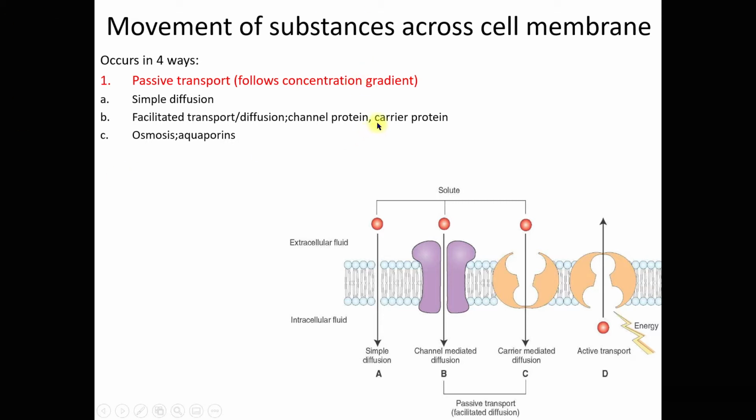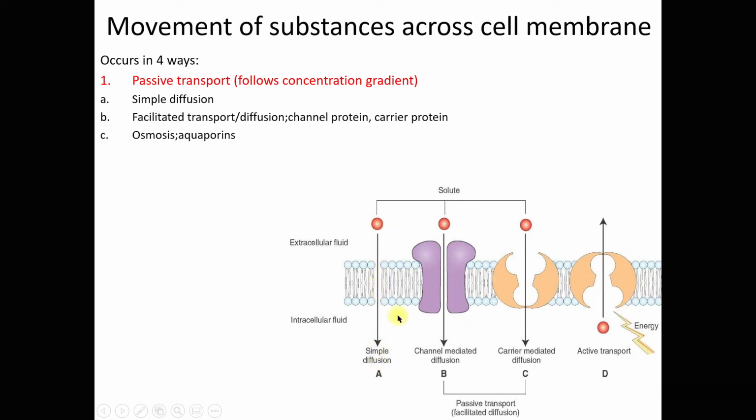Now there are 3 types of passive transport: simple diffusion, facilitated diffusion or facilitated transport, and osmosis. All these are different, but all 3 are passive transport. From this diagram you can see this is simple diffusion, where the molecules or substances just pass through the phospholipid bilayer.